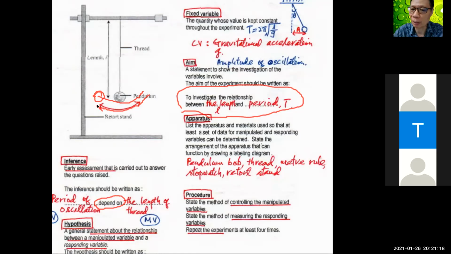Then only you stop the stopwatch. Then after you have the time, you divide by 10. Then you get the accurate answer. Understand?